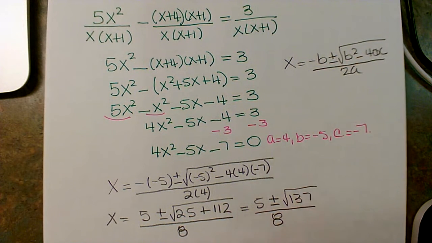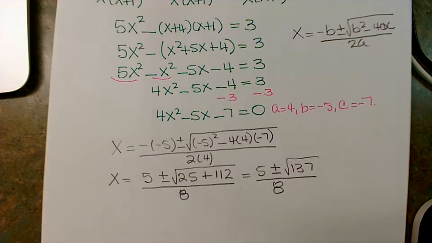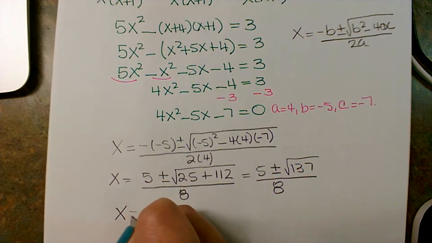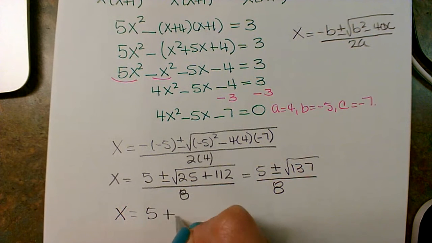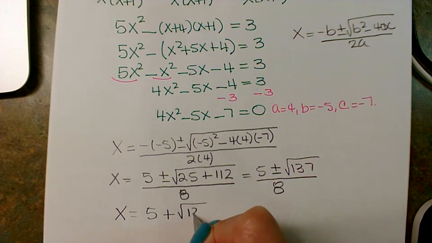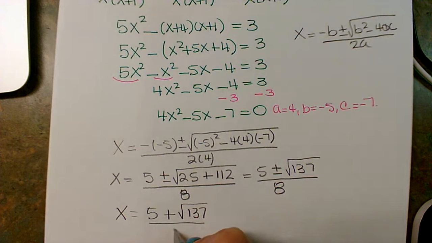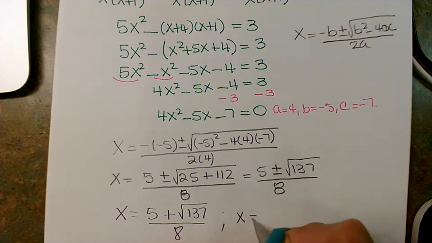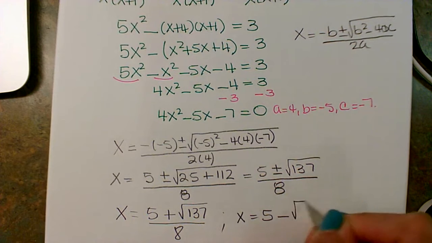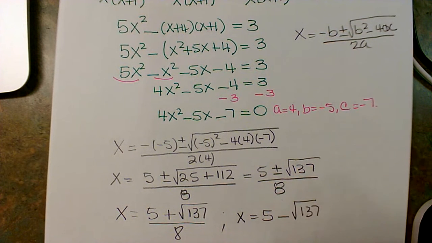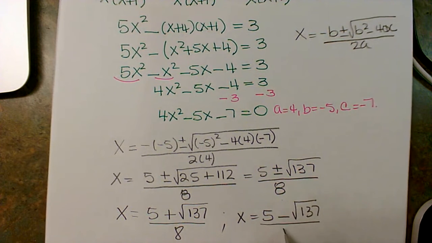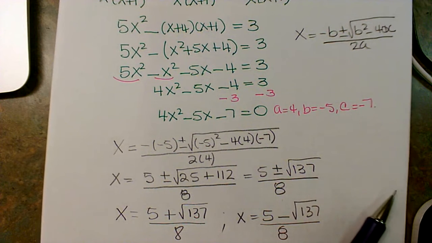I can't do anything with that square root. I cannot break it down into one perfect square and the remainder, no. So this is going to be 5 plus the square root of 137 divided by 8. And the other one is going to be 5 minus the square root of 137 divided by 8.